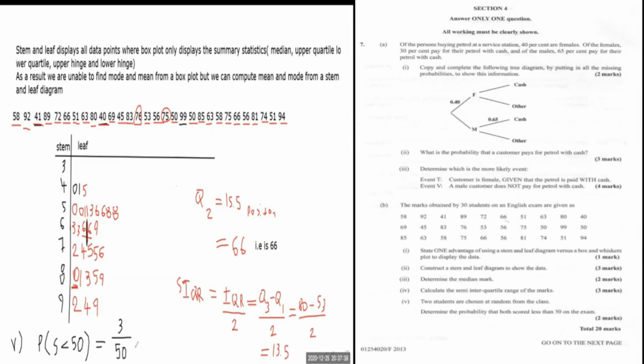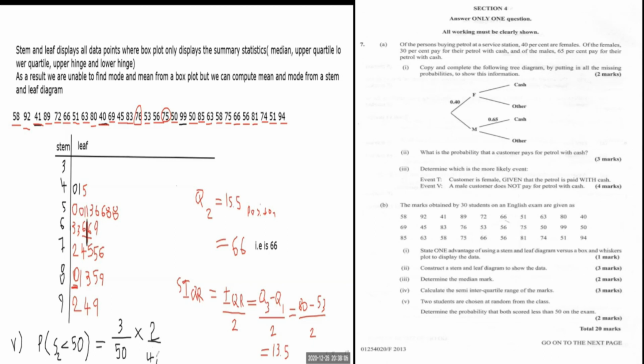That's the probability of a student's score being less than 50. Well, that's the probability of 1 student getting less than 50, and it said 2 students. The probability of both students getting less than 50 is the first student getting less than 50, and when you take out that student, you have 2 over 49.